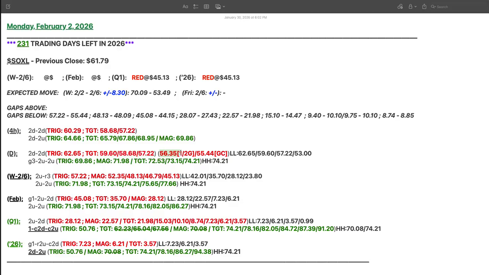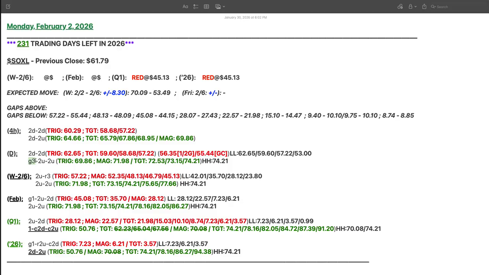And to note, right, 56.35 is the half gap we've talked about, and we've shown before in the past how intraday, at least, price can dip into the gap, and a lot of times the halfway point of the gap can be a bounce point to either push us back out of the gap or push us back up to the top of what was that gap to then have it set as a level of resistance, right? So just keep in mind 56.35 is the half gap and 55.44 is the full gap closure, right?